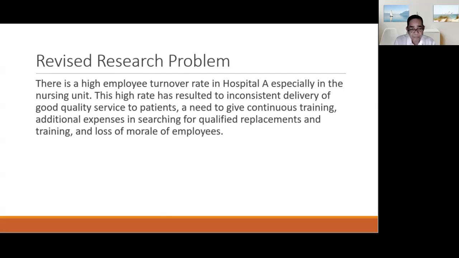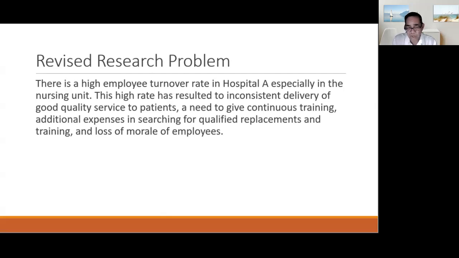A research problem should really be a statement of the problem.